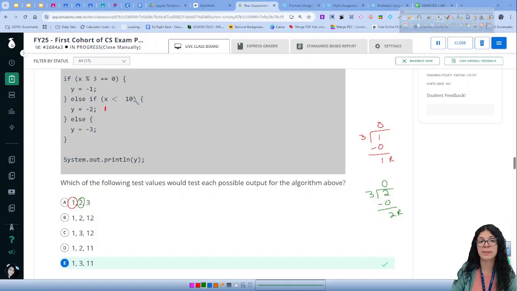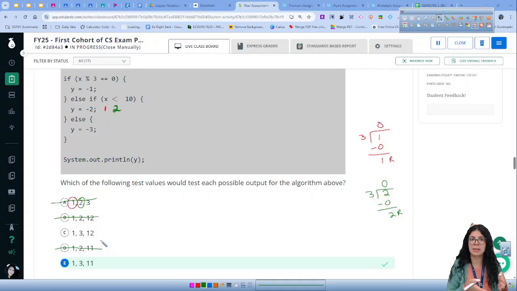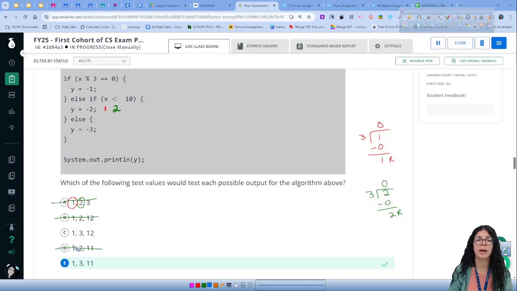We check, is 2 less than 10? That's true. So the value 2 also tests the second case. So based on that, answer A cannot be the answer, or B or D. Because if I have 2 values that are testing the same thing, then I'm going to be missing testing something here. So moving on, now we're down to either C or E.